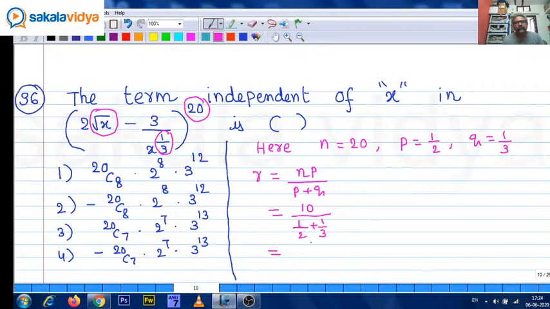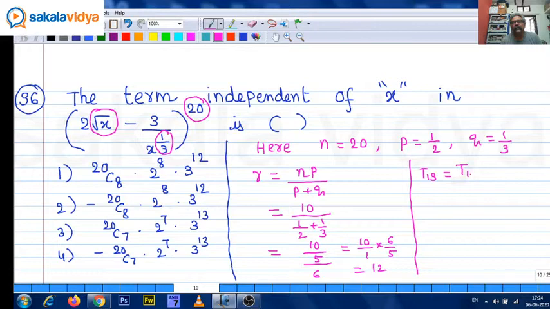This is 10 upon 6 is the LCM, 5 by 6. This we can write 10 by 1 into 6 by 5. So that means r value is 12. That means 13th term is the independent term, T13. This we can write T12 plus 1.